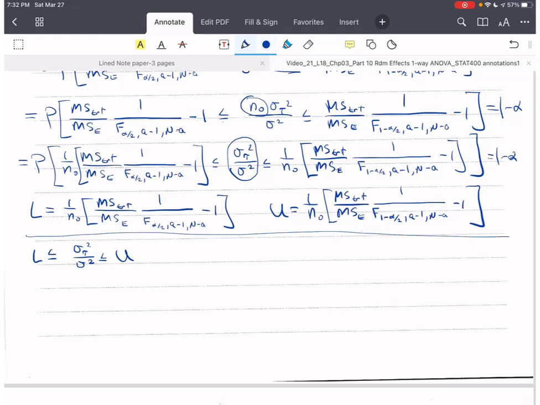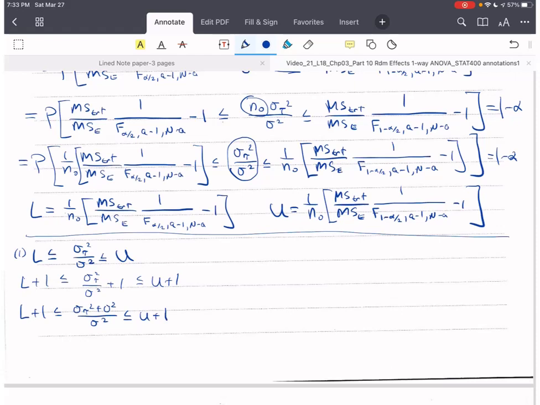So now, this is equation 1, and if I add 1 to all three sides, I'll have sigma tau squared over sigma squared plus 1, U plus 1. And I can rewrite this as L plus 1, and then sigma tau squared plus sigma squared over sigma squared, and I have U plus 1.